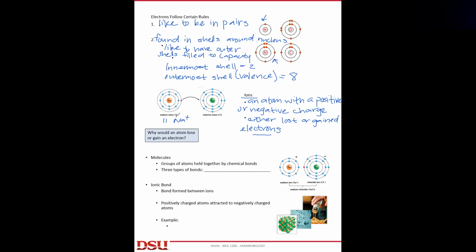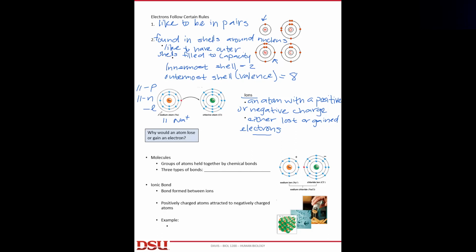So in the case of sodium, if it's going to become a positive ion, it's going to have 11 protons, 11 neutrons, but how many electrons is it going to have? Try to answer that for a second.